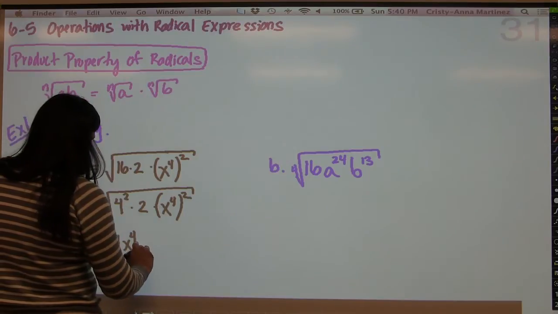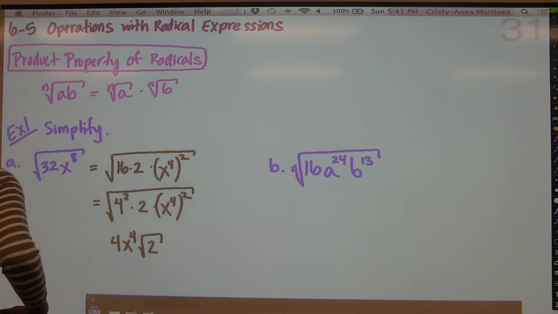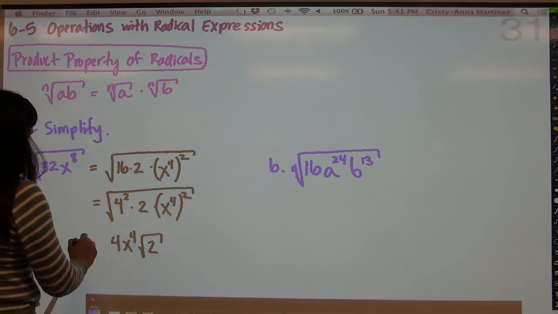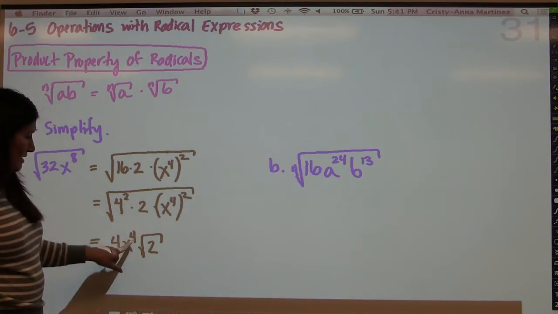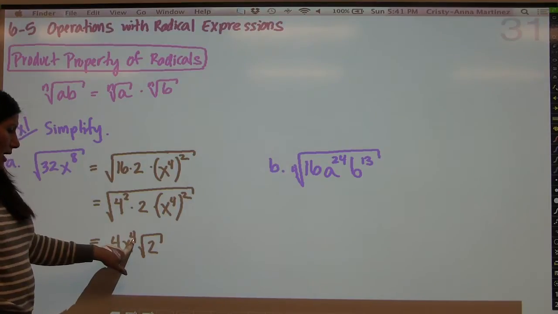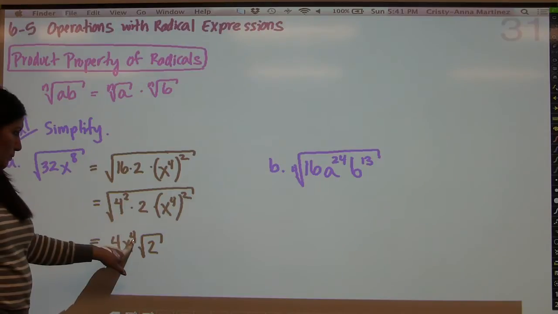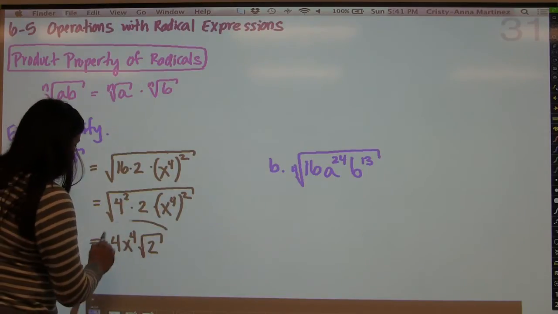What's not going to come out is the 2. The 2 is going to stay in there. So that's your answer, 4x to the 4th root 2. Now remember that you don't need absolute value bars on the x to the 4th because it's an even exponent, so it will always be positive.